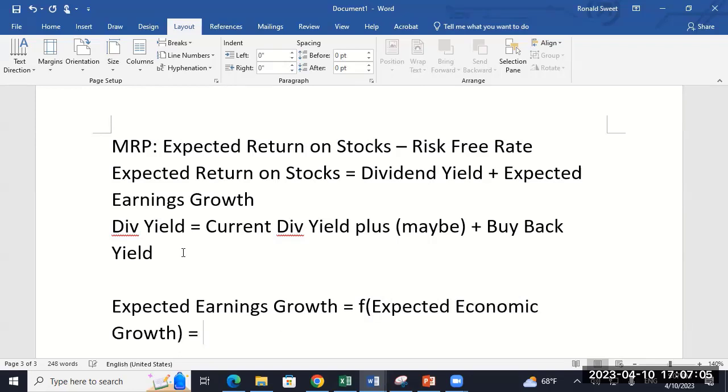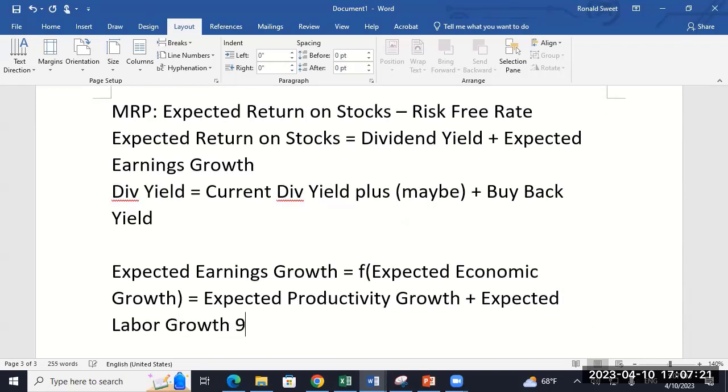It's going to equal expected productivity growth plus expected labor growth plus expected inflation. Key is the long term. I'm not talking expected productivity growth next quarter. I have students go out and get a forecast for next quarter or next year. That's not what we're talking about. We're talking the next 50 years.